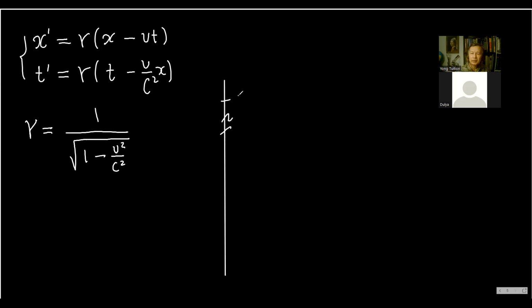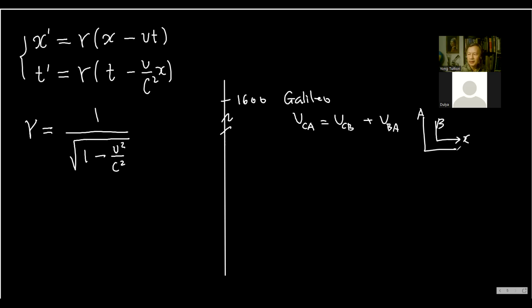Go back to the 1600s: Galileo already had the idea that velocity is relative. Velocity CA equals velocity CB plus velocity BA, where A and B are frames of reference.